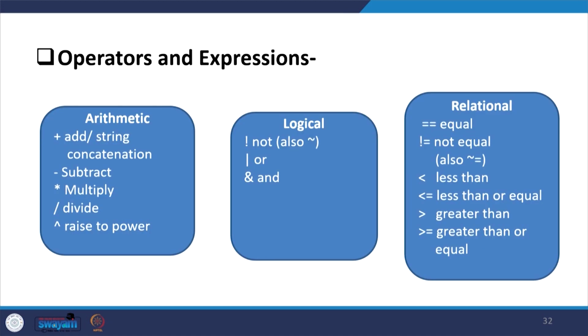All right. There are certain operators and expressions, which we add in addition to our main command. Like arithmetic operations: subtract, multiply, divide, or raise to the power, for which that symbol will apply.